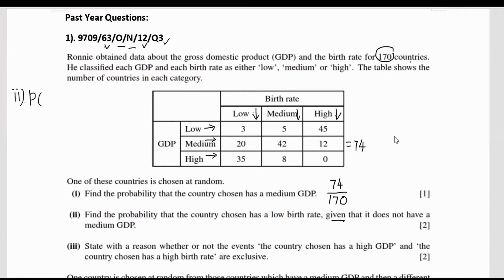We are looking for the probability that the country chosen has a low birth rate, given it does not have a median GDP, which is median GDP prime. According to the formula, we need to find the low birth rate intersect with does not have median GDP, over the probability of does not have median GDP.